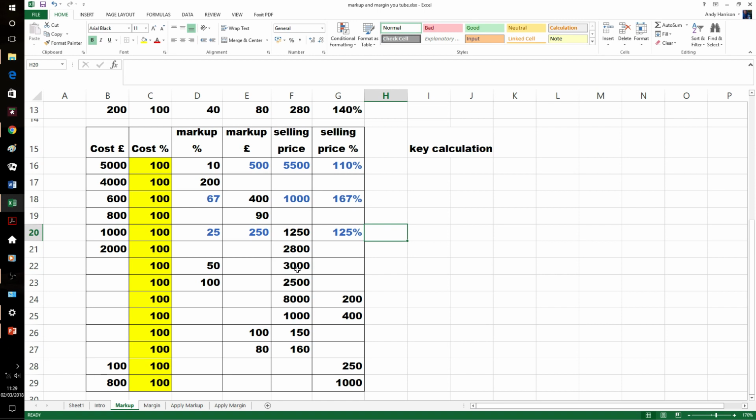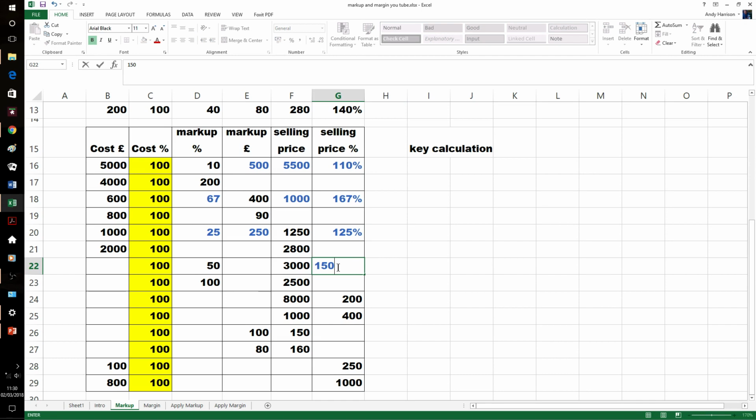So now we've got our selling price. Maybe we're taking a decision on this. We need to make 50% markup. Look at the cost. It's either what we've got to buy it for or a target manufacturing cost. So £3,000 selling price, 50% markup.